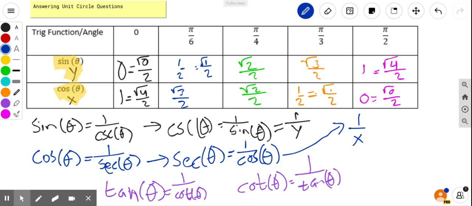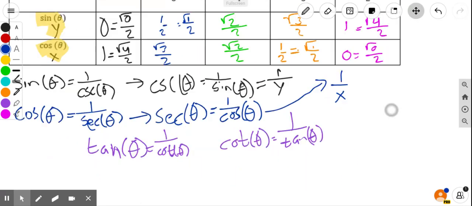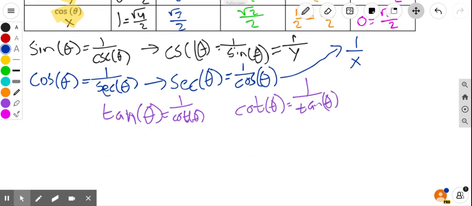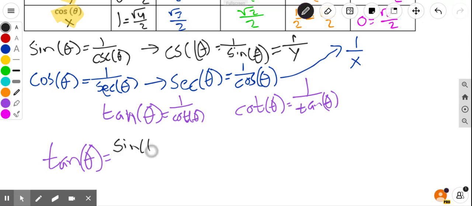And yesterday, I also stated that tangent can also be considered as sine divided by cosine. So in this instance, that would have to be equal to y divided by x, if I think about the coordinate points.